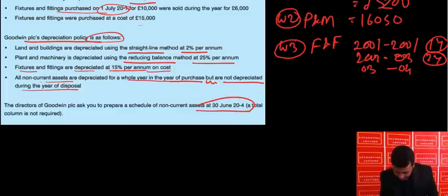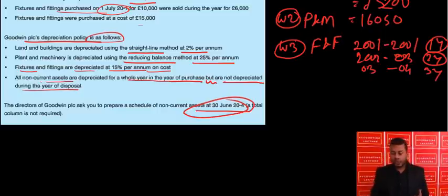Have a look at the bottom. Yep, there you go, year 3. So over the 3 years, but our rule is you can't charge the last year's depreciation. So over the 2 years, depreciation you need to charge.